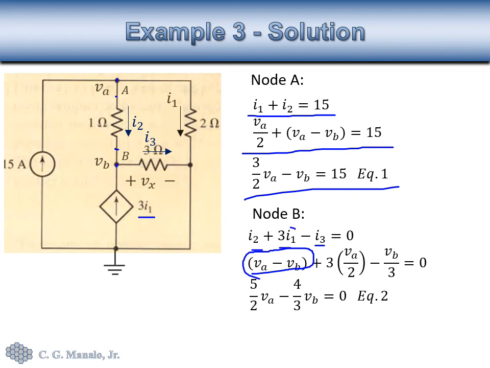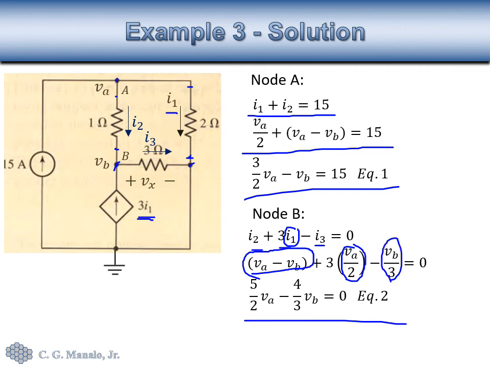Now I sub 1. Take note this is a dependent current source whose value depends on this current. And we could replace I sub 1 by VA minus 0, since this point here is 0 volts, divided by 2. So that should give us VA over 2. And I sub 3 is VB minus 0 divided by 3, and that should be this one.